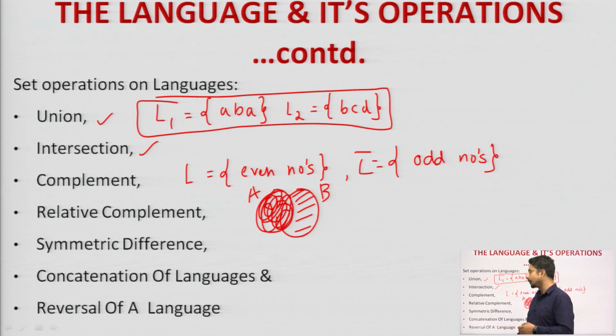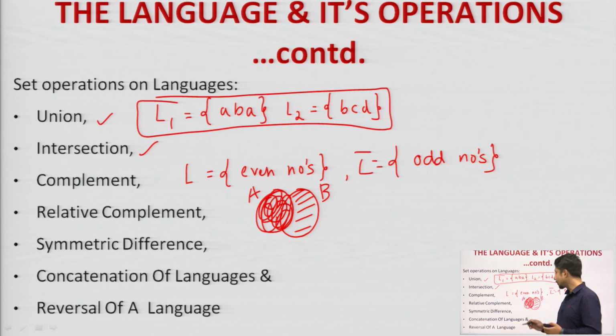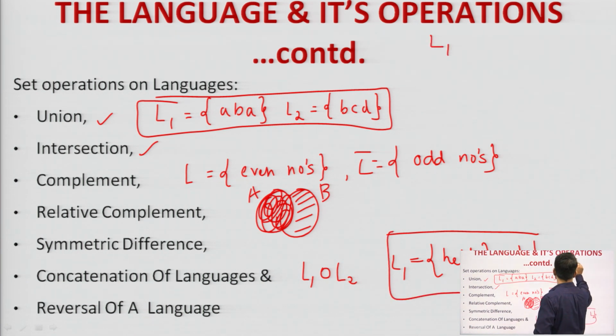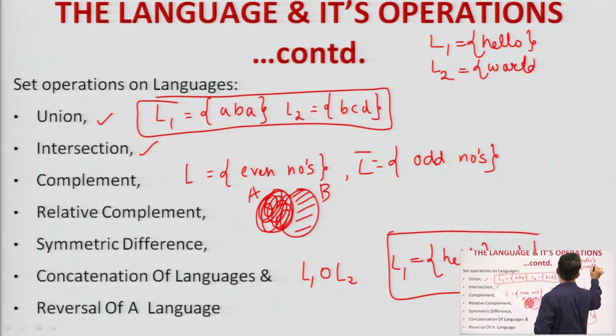If we talk about concatenation of two languages, suppose it is represented like this, L1 concatenate L2. Suppose L1 is equal to hello and L2 is equal to world, then L1 concatenation of L2 will be hello world.